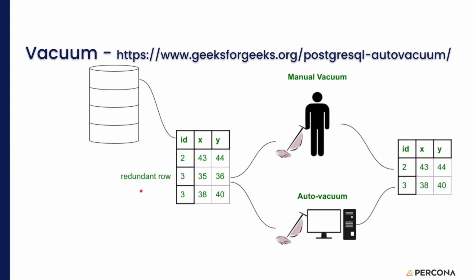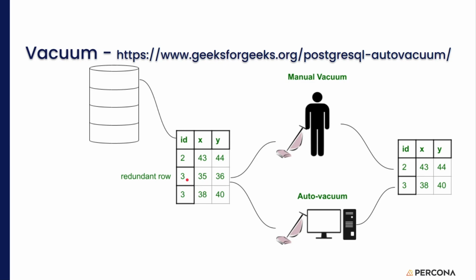Now, in this example, we have this little table where the ID column has one value for 2 and 2 for the value of 3. And this row here has been made redundant by this row.